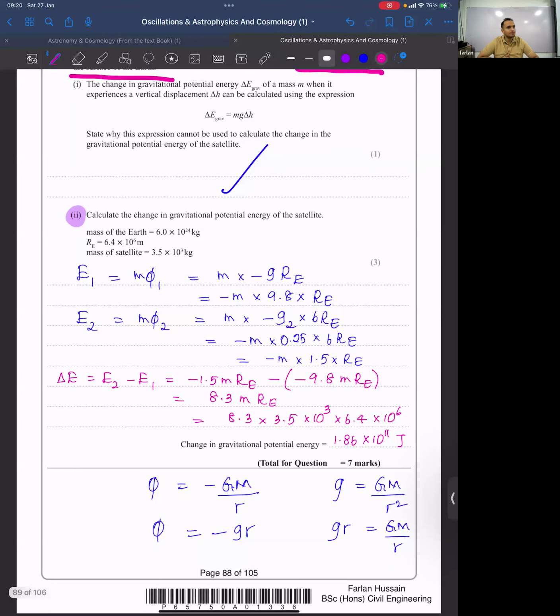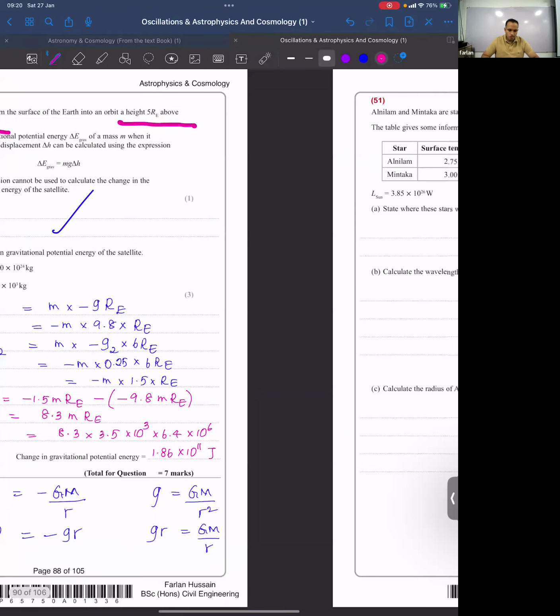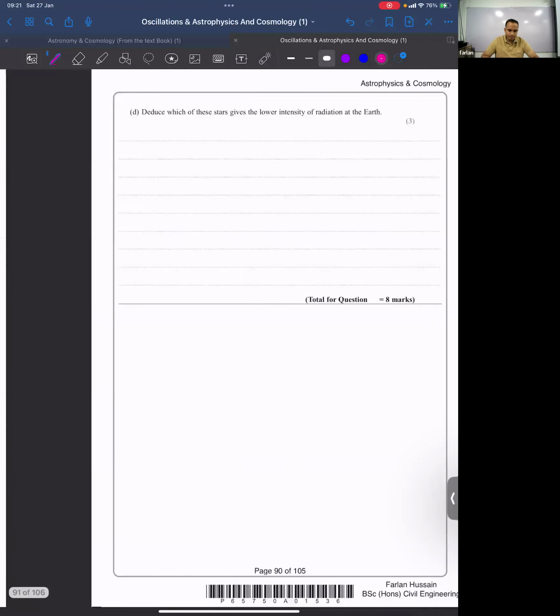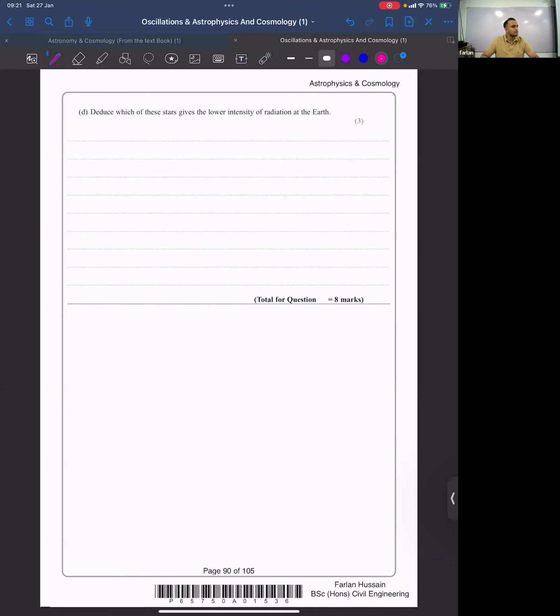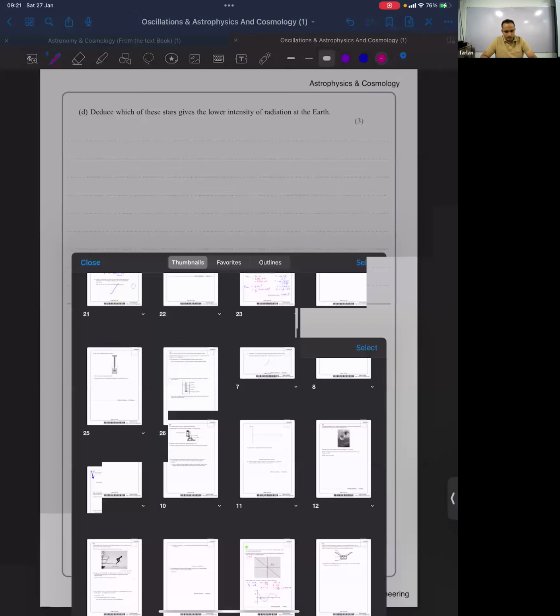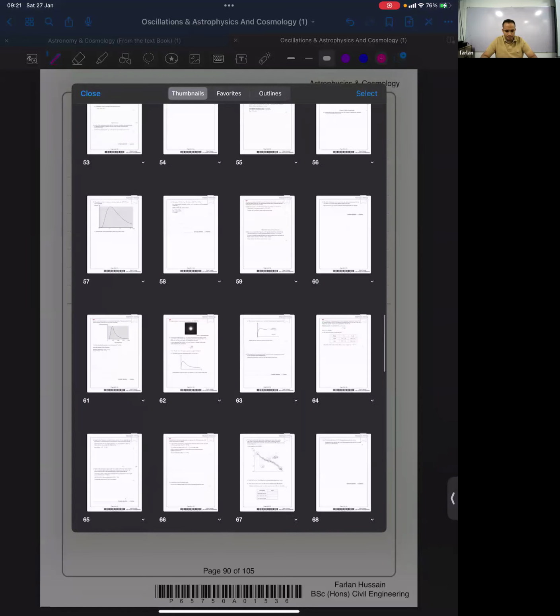What's next? That's it. What is the last subtopic we have done? Gravitational potential energy.